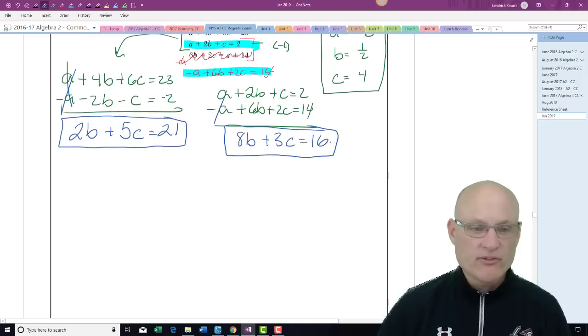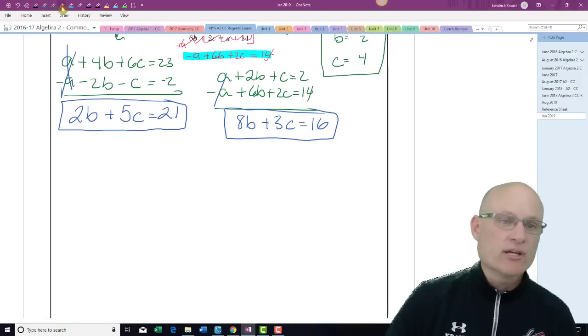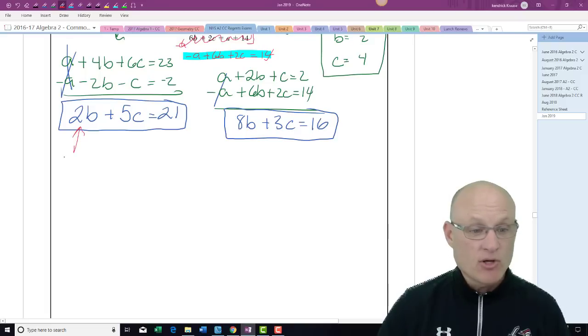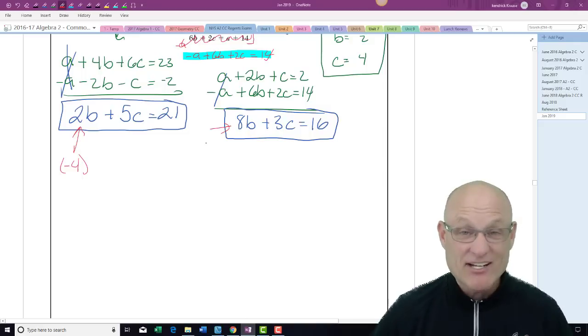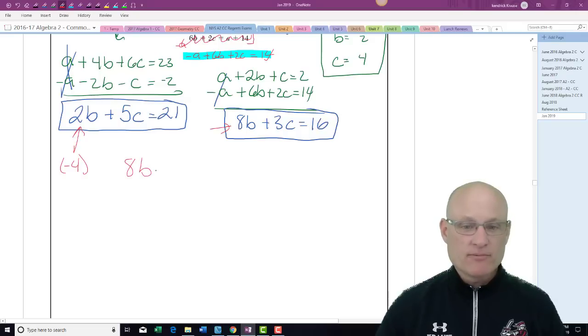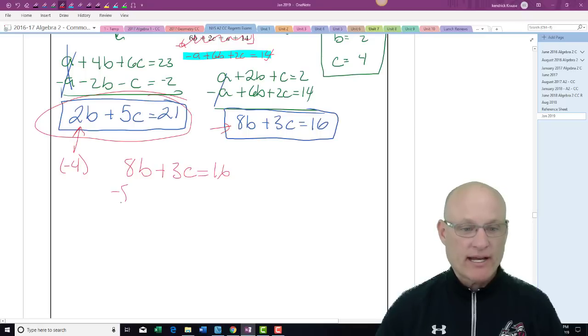Now look at the B's and C's. Which one would be easier to get rid of? Hopefully you said the B's, right? Because if I take this and multiply by -4, isn't that going to give me the additive inverse of 8B? Sure. So the 8B I'm not going to change. This one I'm going to multiply this whole thing by -4, so I get -8B minus 20C equals -84.